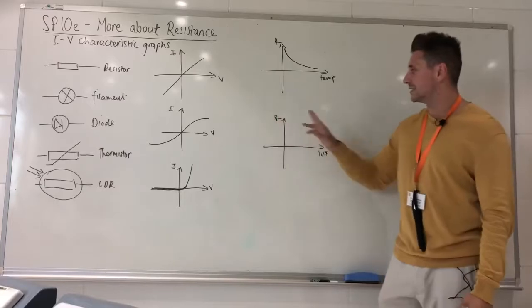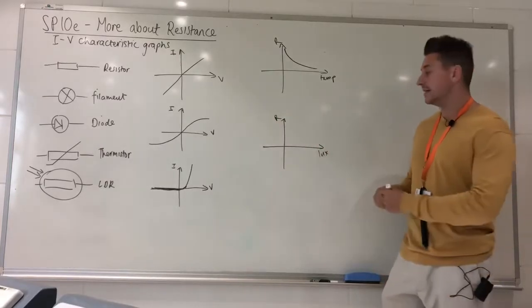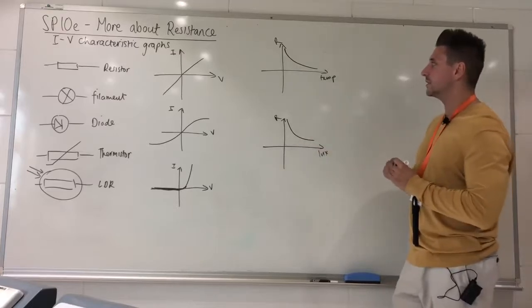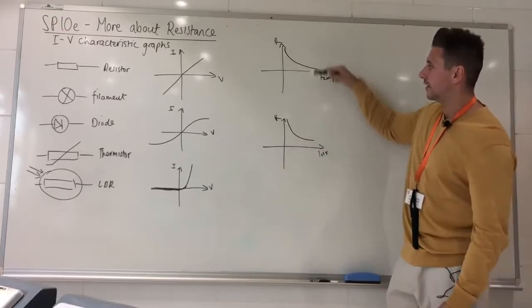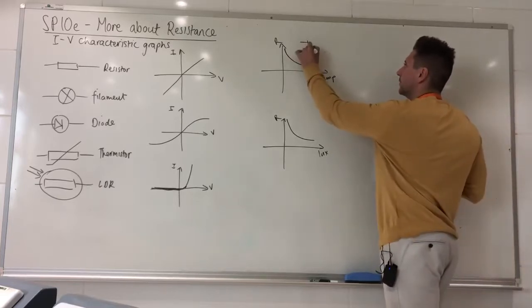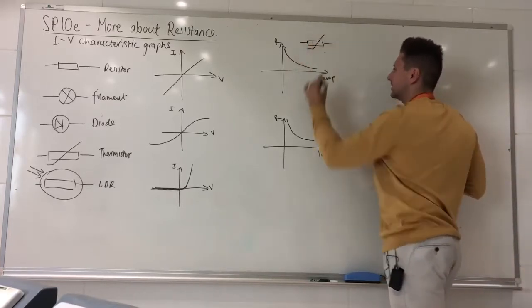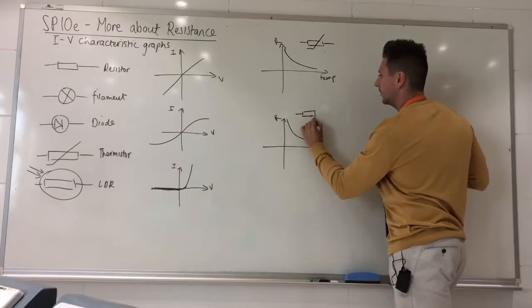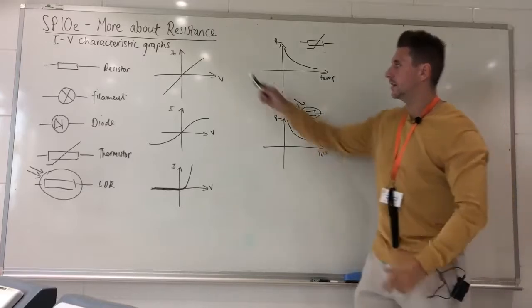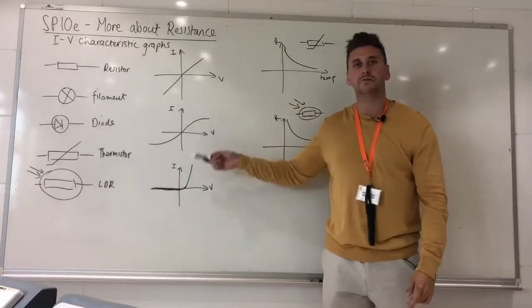So how does resistance depend on light intensity? If light intensity increases, then again the resistance decreases. So you have two negative graphs for thermistor and LDR. So this one is the thermistor and this one is the light dependent resistor.